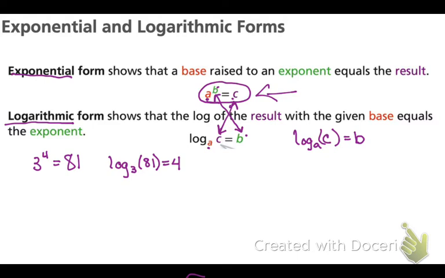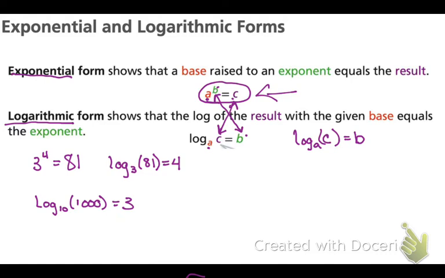Okay, so we're going to go the other way around now. So I have log base 10 of 1,000 equals 3. These are just examples. That's in logarithmic form.